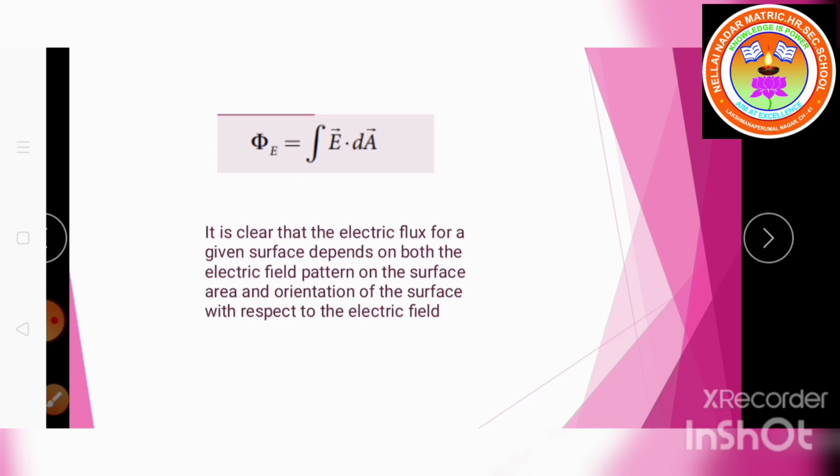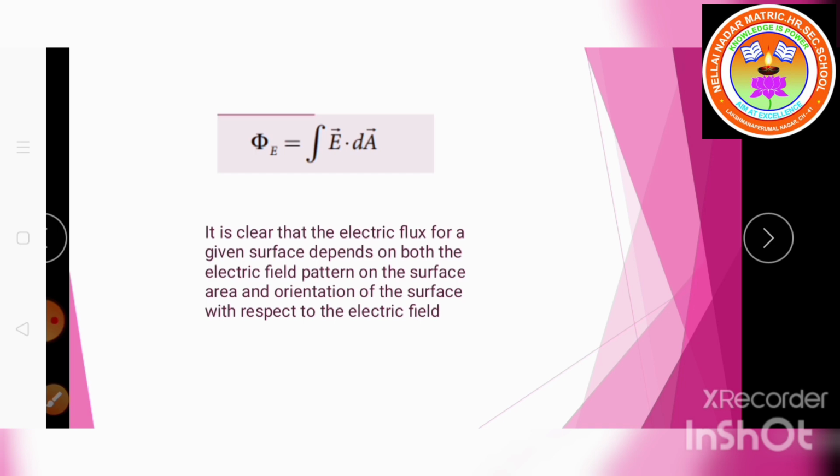It is clear that the electric flux for a given surface depends on both the electric field pattern on the surface area and the orientation of the surface with respect to the electric field. So from this equation, listen, the electric flux for a given surface depends on both the electric field as well as the orientation of the surface with respect to the electric field.